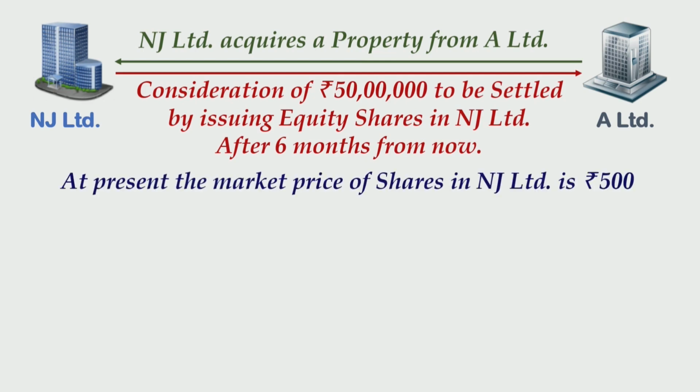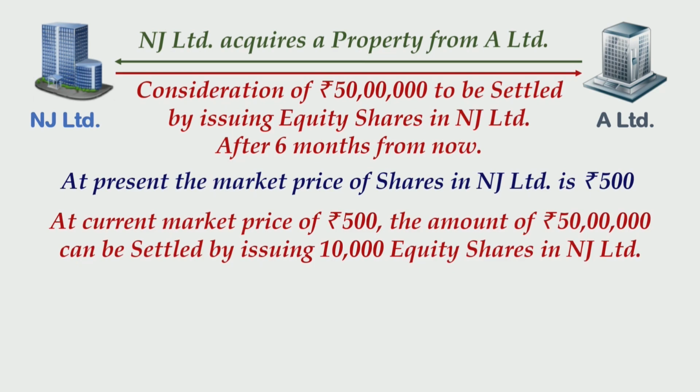At present the market price of shares in NJ Limited is rupees 500. At the current market price of rupees 500, the amount of 50 lakhs can be settled by issuing 10,000 equity shares in NJ Limited. How did we obtain this? 50 lakhs is the amount to be settled, and the mode of settlement will be equity shares of NJ Limited, and each equity share has a current market price of rupees 500 only.